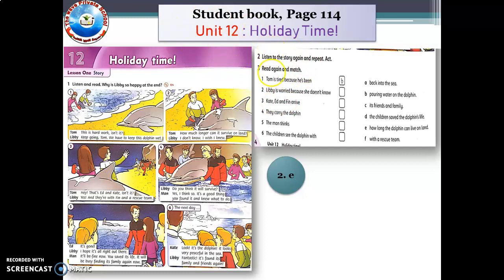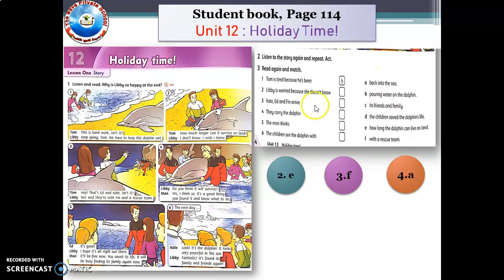Kate, Ed, and Finn arrive, yes, with a rescue team. So the answer here is letter F. Number 4, they carry the dolphin. Where did they bring the dolphin? Yes, the answer is letter A.